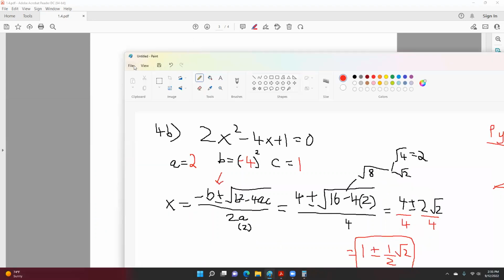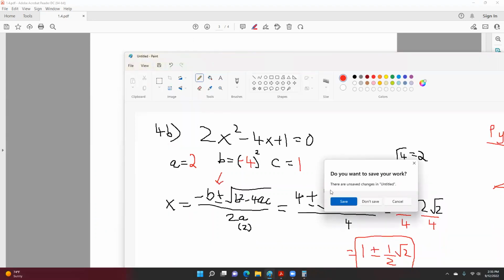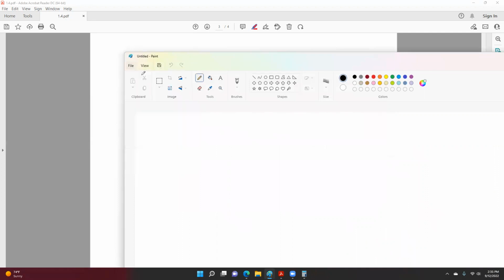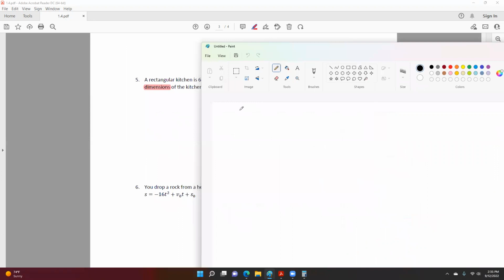So in order for you to do this kind of question, we have to draw pictures. Usually when you have a geometry type question, like a rectangle or circle or triangle, we draw a picture. So this picture is a rectangle.